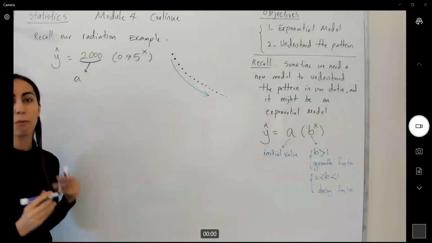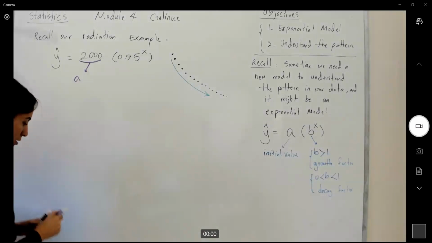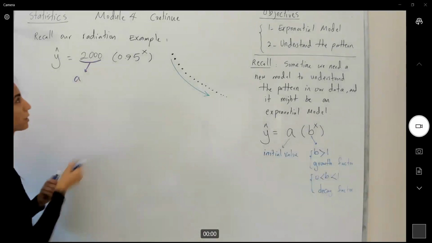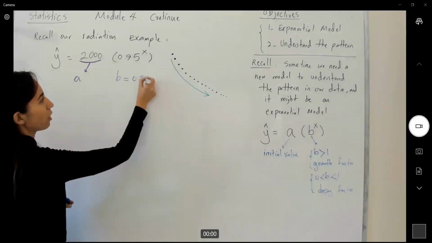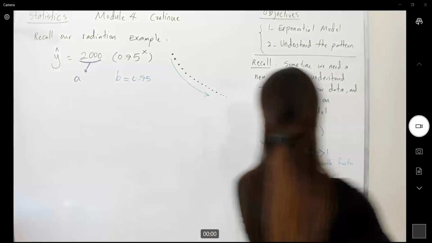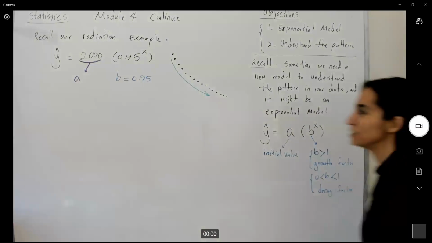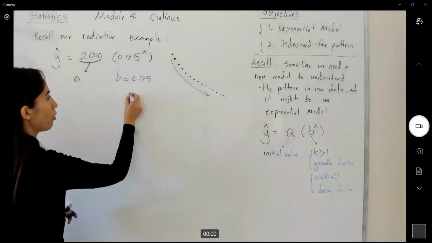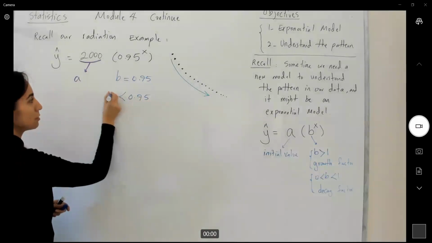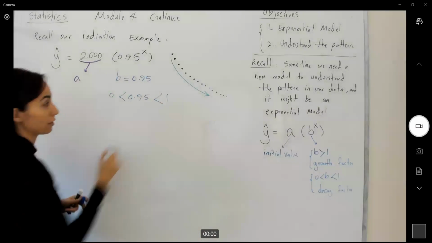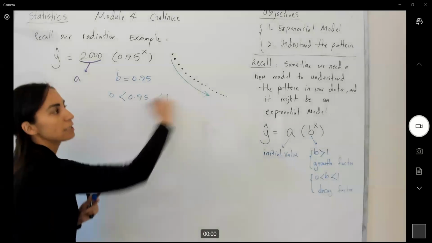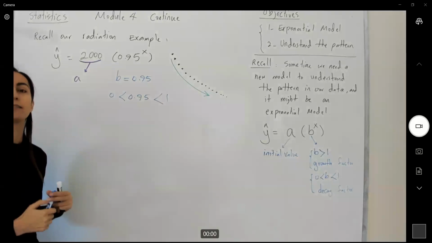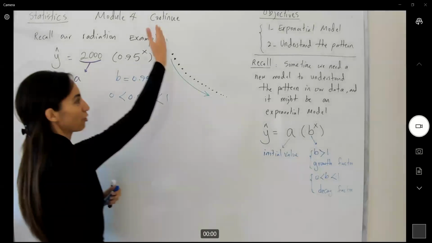Your B is 0.95. This is just a decimal number, which is in between 0 and 1. So 0.95 is in between 0 and 1. It means that we expect to see a decreasing pattern, a decay pattern in our data.